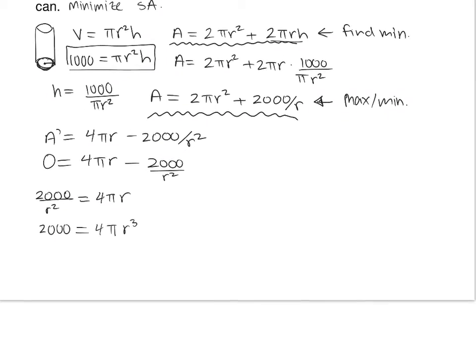Divided by 4 pi, yep. So r cubed is equal to 2,000 over 4 pi. And that can simplify a little bit into 500 over pi. So weird as it is, r will be the cube root of 500 over pi.